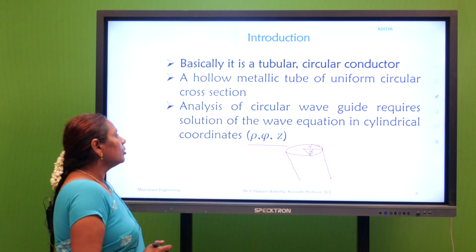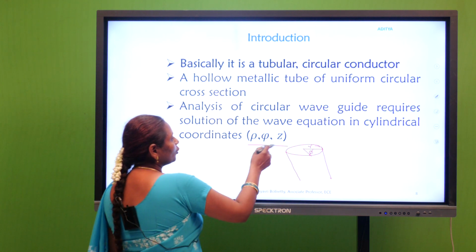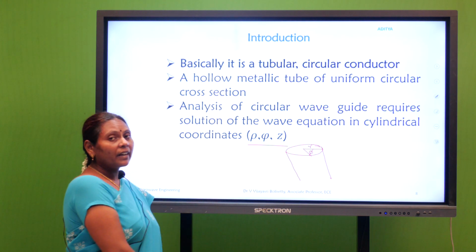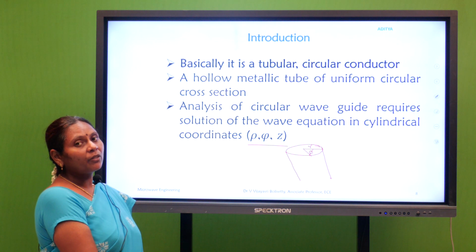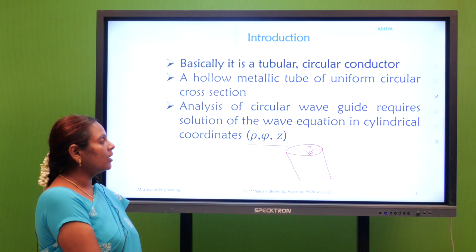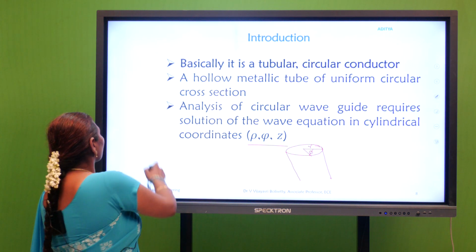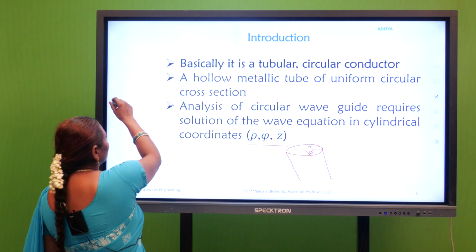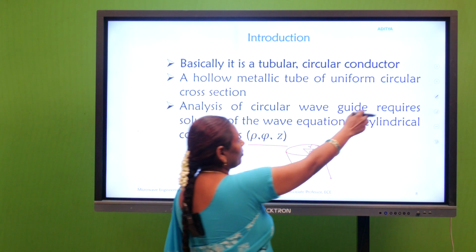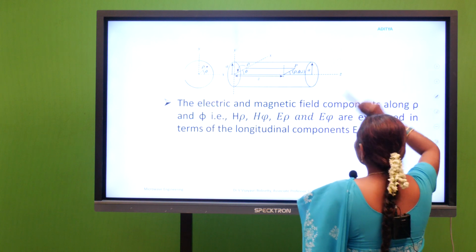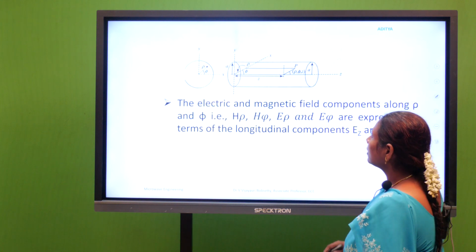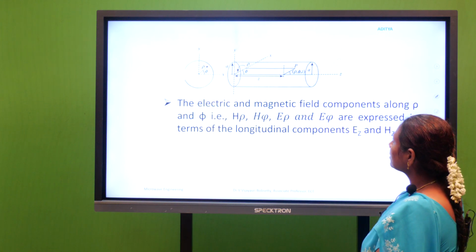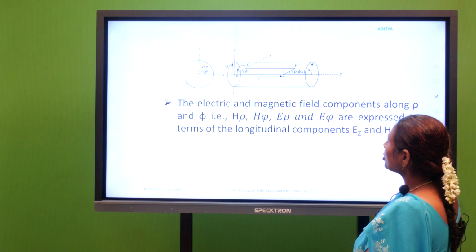So, rho and phi represent the dimensions, the radius and the angle, with which the wave is propagating towards the z direction. Okay, so this is the circular cylindrical coordinate system representation.